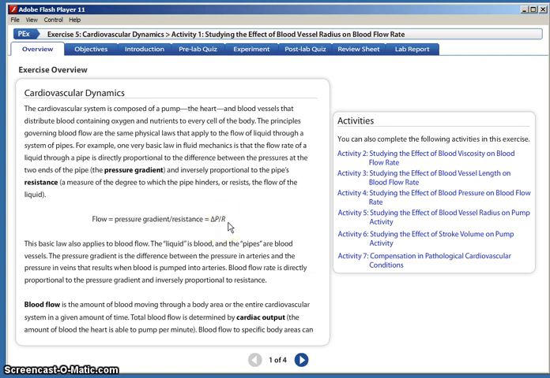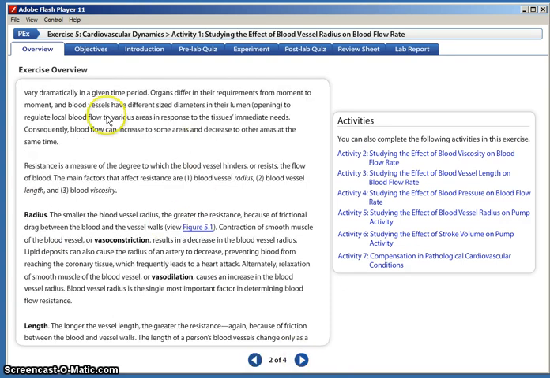Anytime there is more contact between the blood and the wall of the vessel, we use some of the forward momentum to overcome this contact, and that way we lose some of our flow every time we have an increase in resistance.